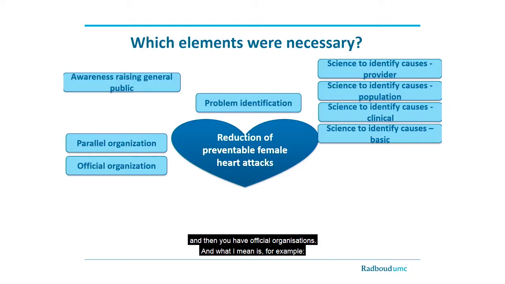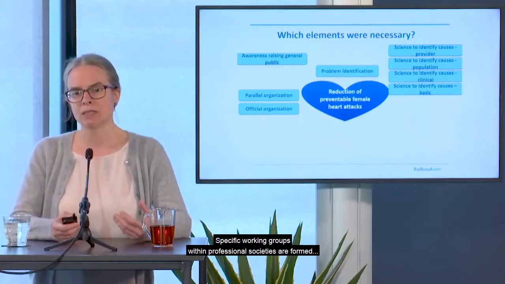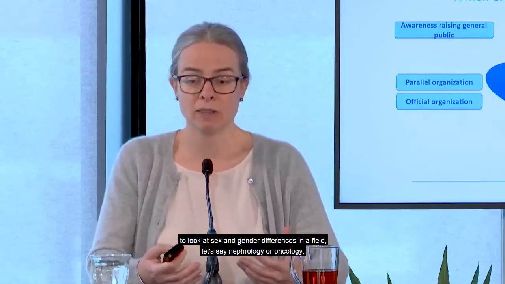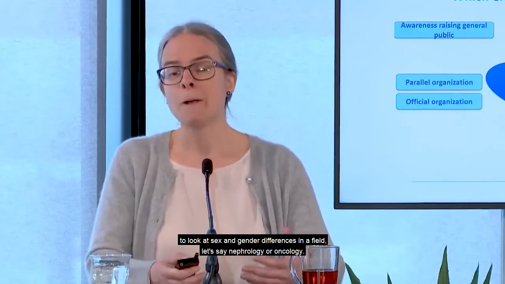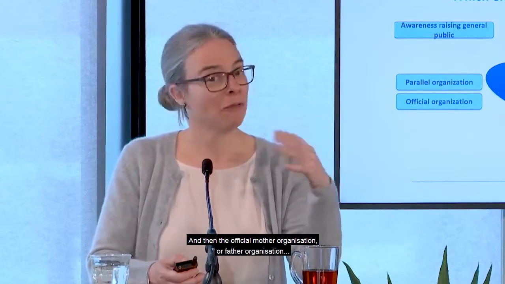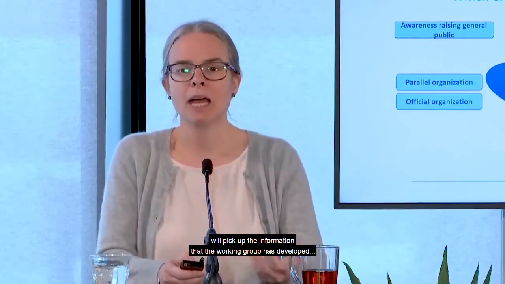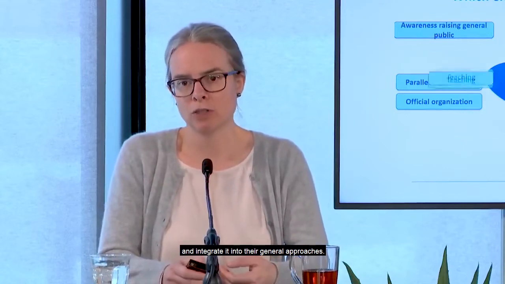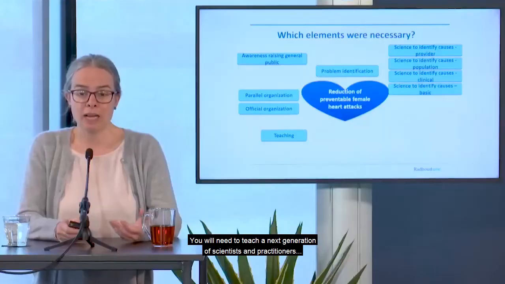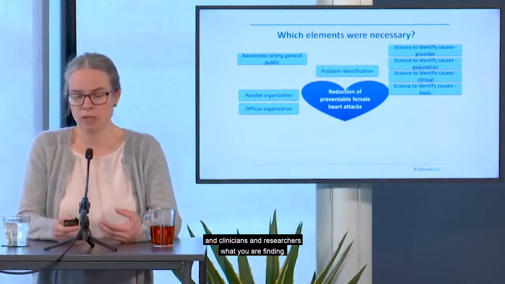What I mean is, for example, specific working groups within professional societies will form first to maybe look at sex and gender differences in a field, let's say nephrology or oncology, and then the official mother organization or father organization will pick up the information that the working group has developed and integrate it into their general approaches. You will need to teach a next generation of scientists, practitioners, clinicians and researchers what you are finding.